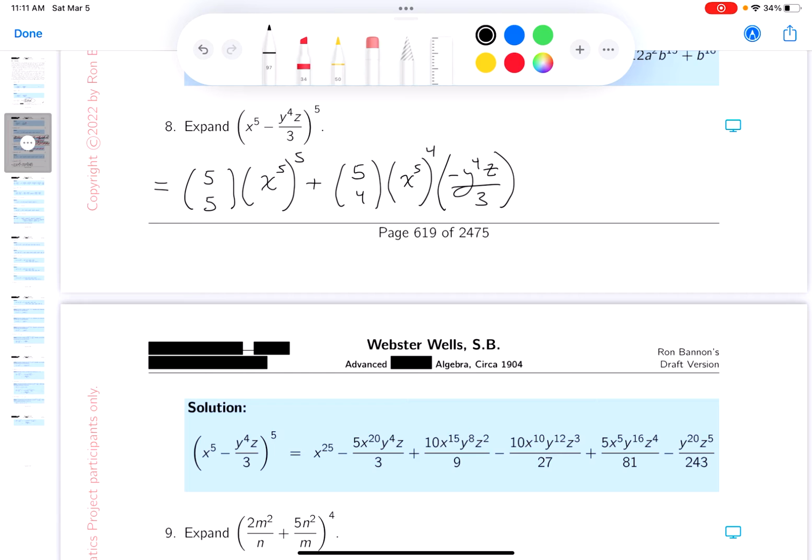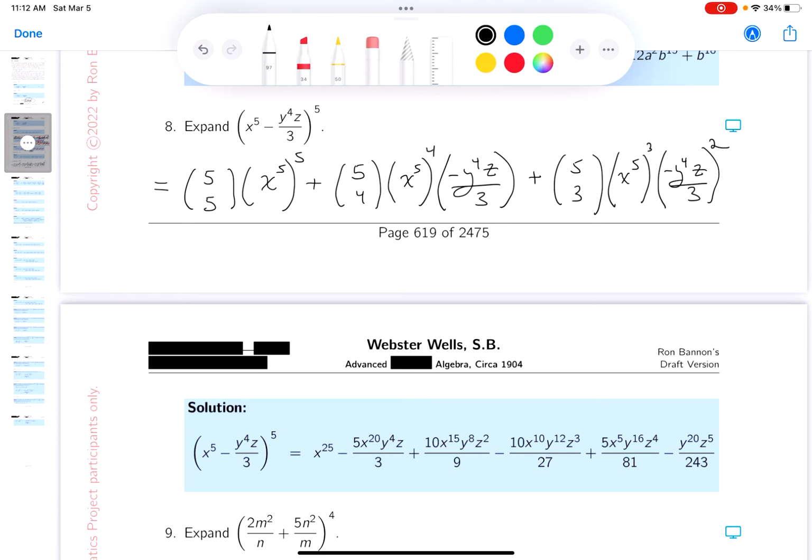All right, let's keep going. Plus 5 choose 3, x⁵ to the 3rd power. And then what do you get? You get minus y⁴z over 3 to the 2nd power.